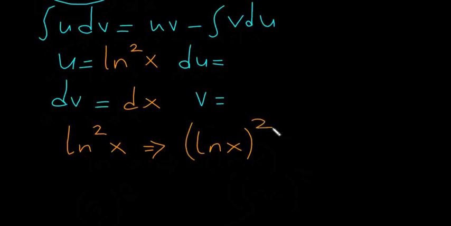This is the same thing. So we have a smaller function here, which is ln x, inside a larger function. When we put this squared up here, this is the larger function, and the inner function is ln x.